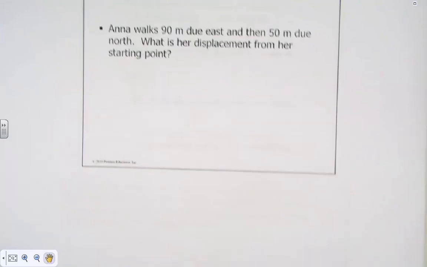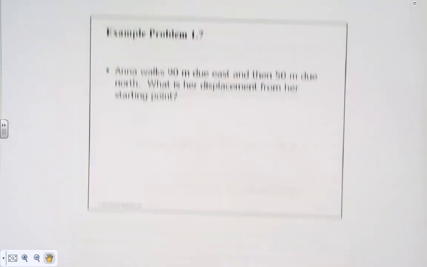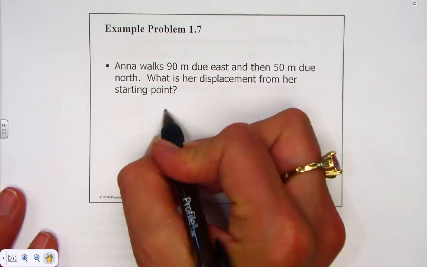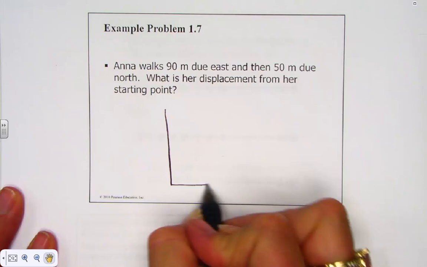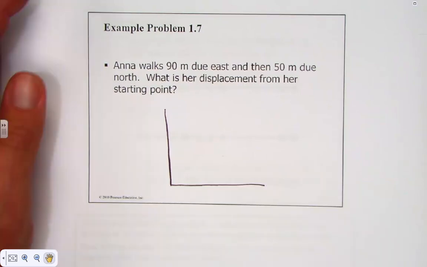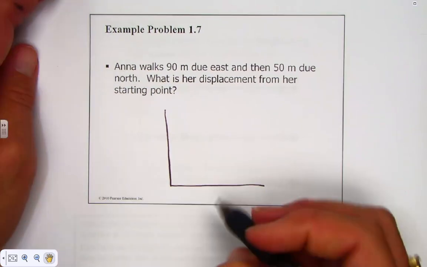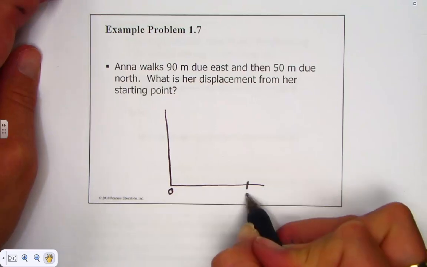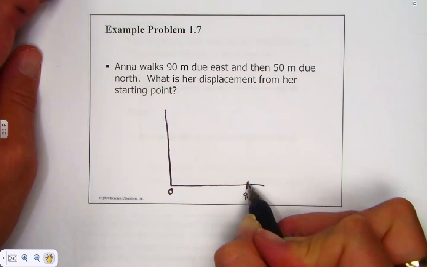If Anna walks 90 meters due east and then 50 meters due north, what is her displacement from the starting point? Model first, math second. Anna walked 90 meters due east. Let's make this the point of origin, and we'll just say this dot represents 90 meters.